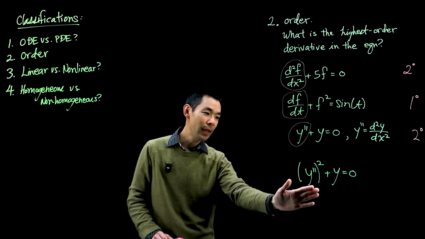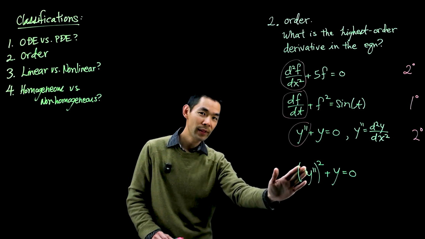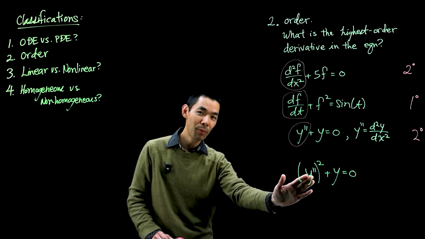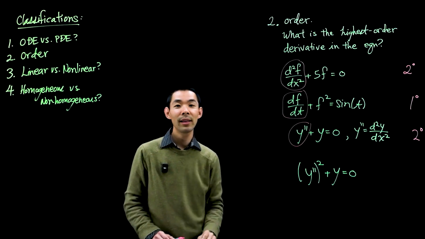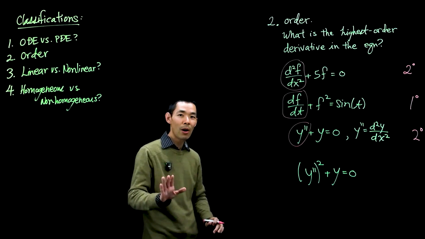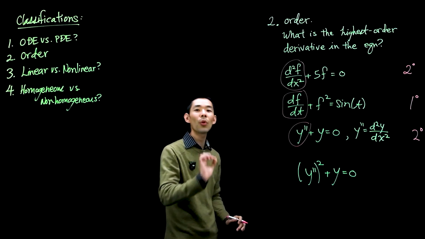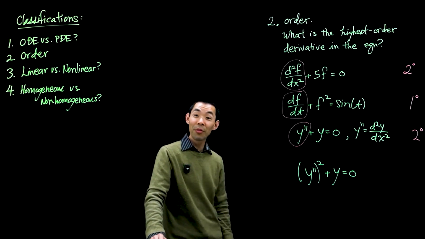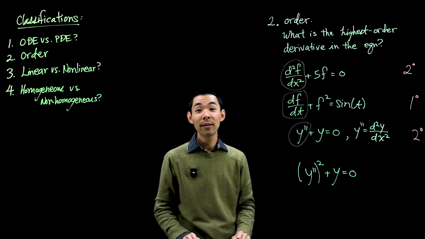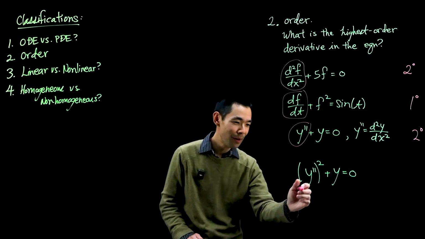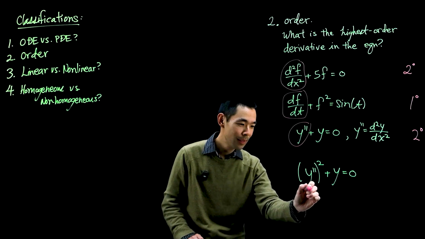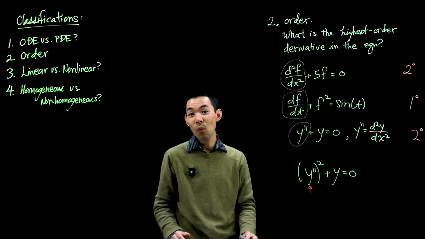We have a second order derivative here, y double prime, the whole thing squared, plus y is equal to 0. Now think about what is the order of this differential equation. Although you have a square, it's still a second order equation because all you have is two derivatives of y.